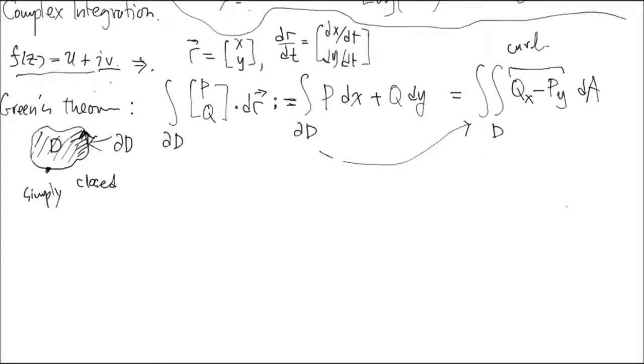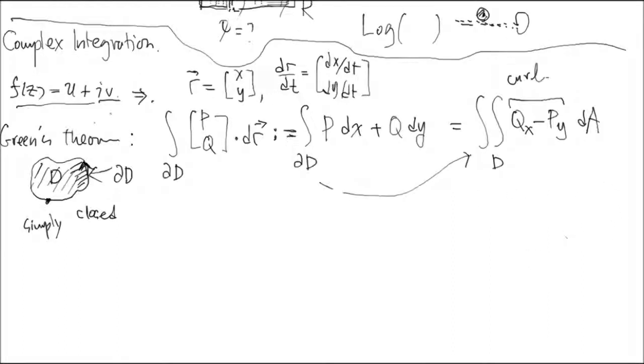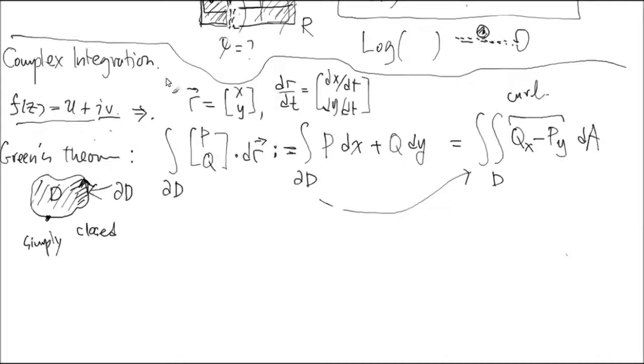Okay? So I'm going to show you the next phenomenon here. We are in the context of complex integration, and we have this u and v, and you're staring at the Q_x minus P_y. Complex functions u and v, and the partial derivative in x and partial derivative in y.